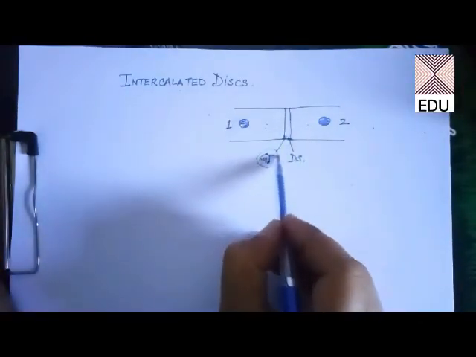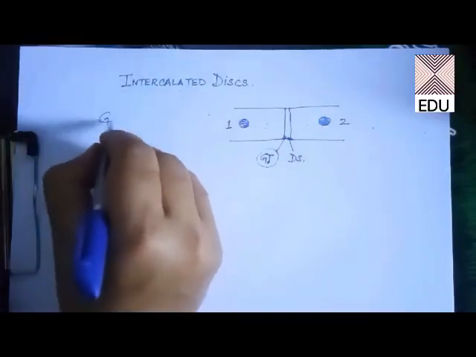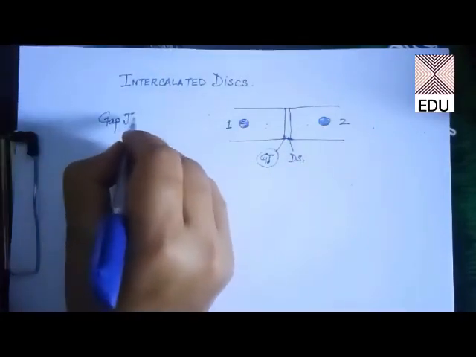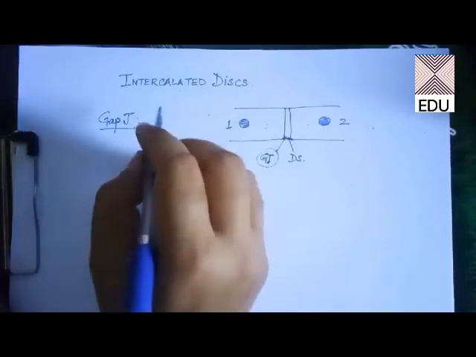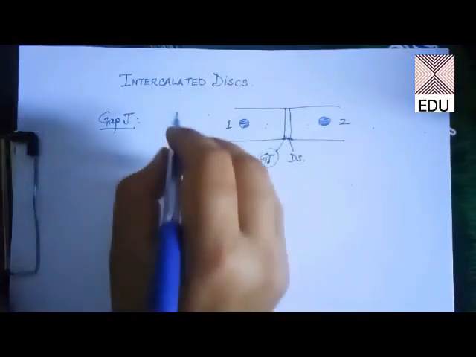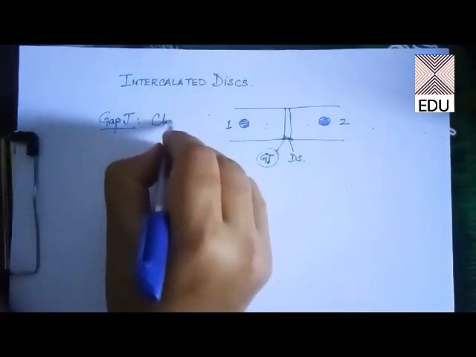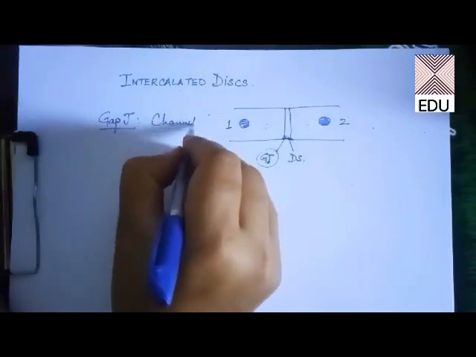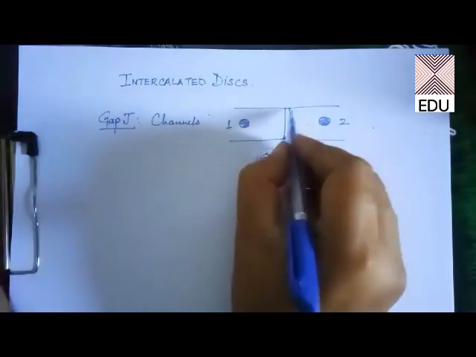Now what is the role of gap junctions? Gap junctions form channels in between the cells.